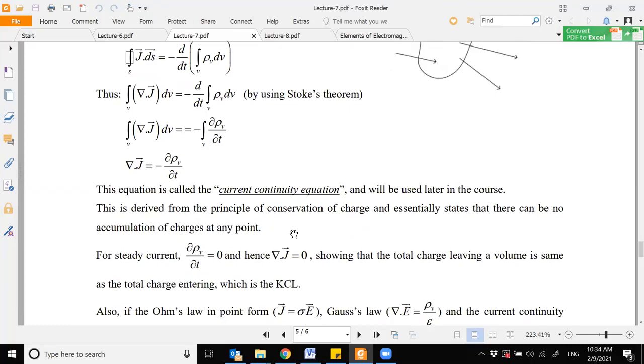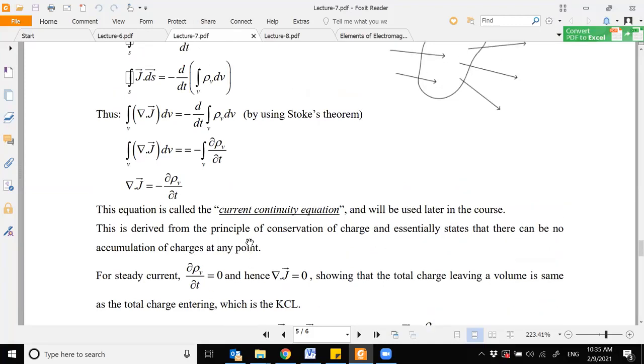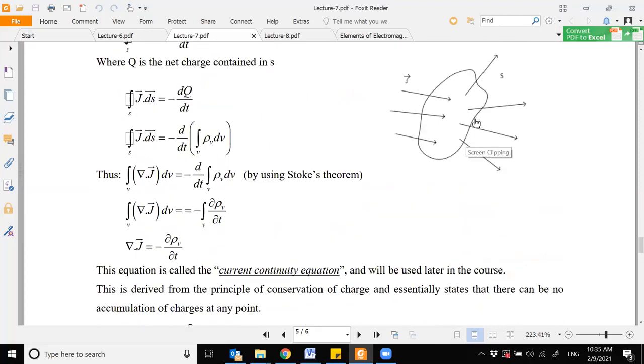This is derived from the principle of conservation of charge, and essentially states that there can be no accumulation of charge at any point. So for a closed surface, whatever is going out in the form of a current should deplete from the inside.